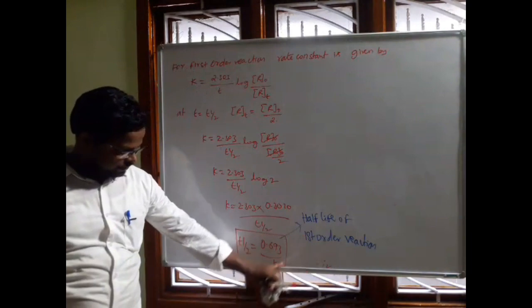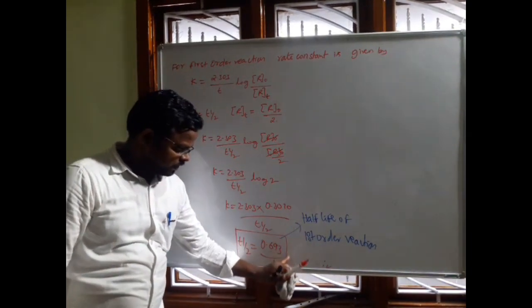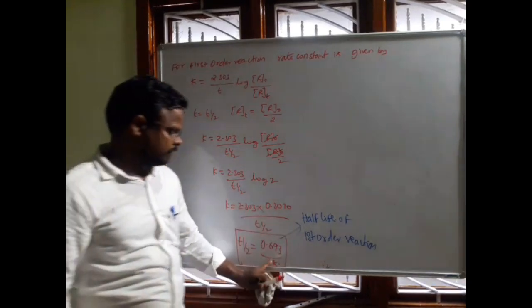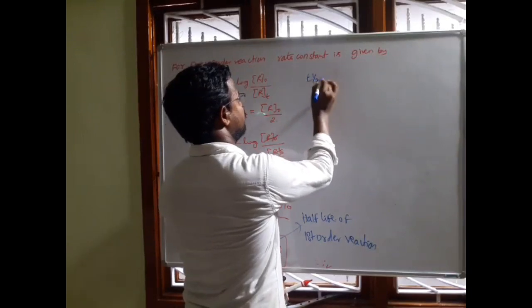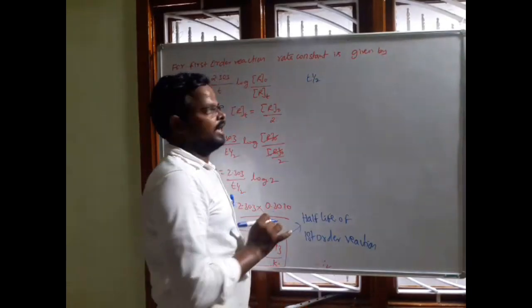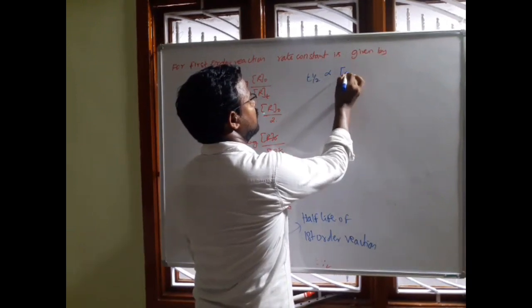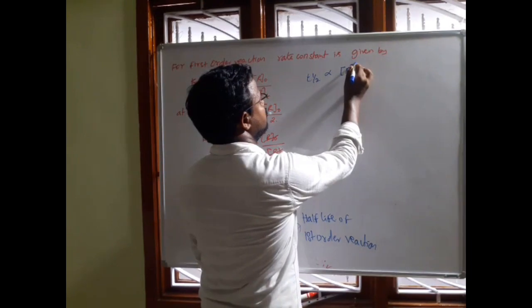So if you observe this equation, is there any initial concentration term? In this equation, the initial concentration term, that means the concentration of that reactant, is not involved. Therefore, from this equation we can say that T half of a first order reaction is directly proportional to initial concentration of the reactant power 0.